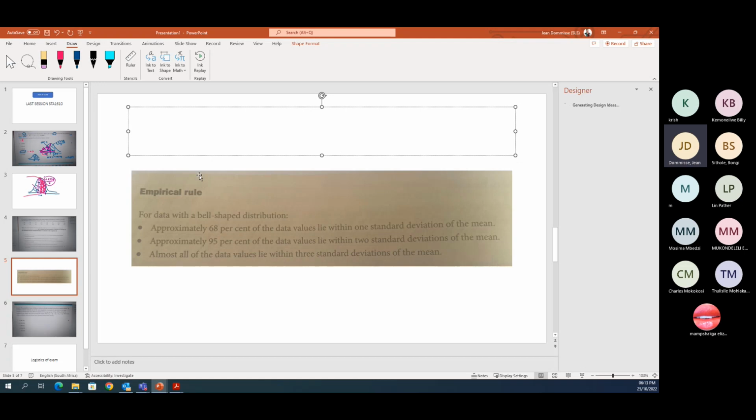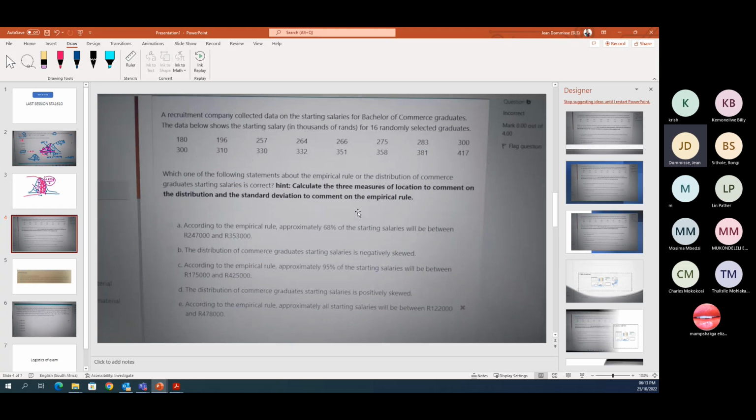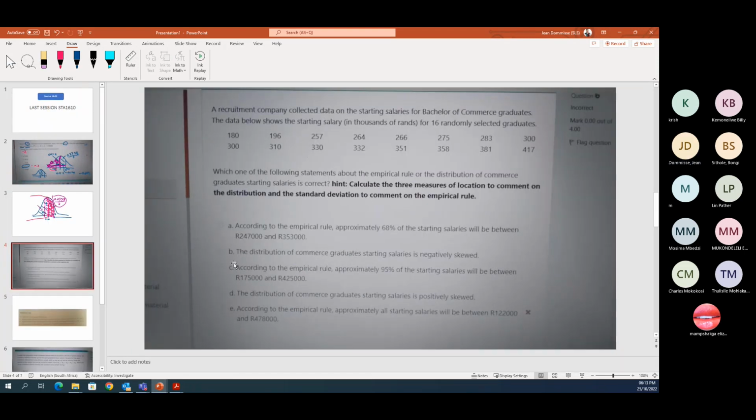So if you look at the hint, and I think when you get this in the exam as well, the hint is very important. When they give you a hint in the exam, do what they suggest. So here they give you data.